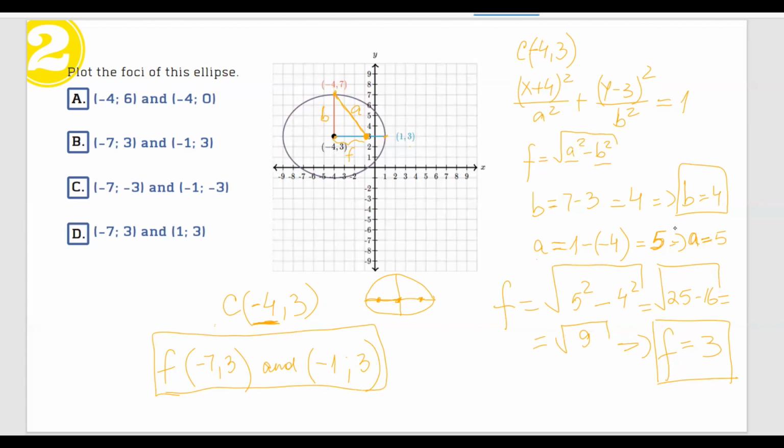So this is going to be somewhere here. These are the coordinates: minus 7, 3, and minus 1, 3. The correct answer is B.